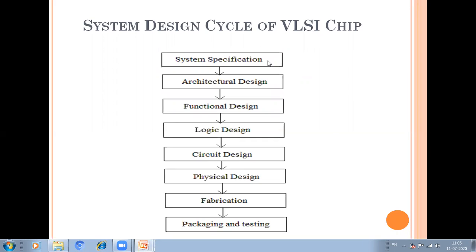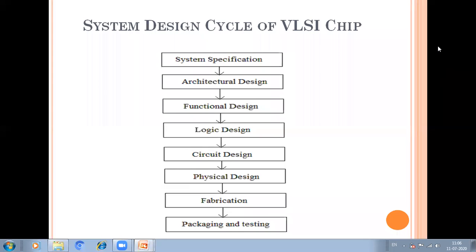The next step, the second step, is the architectural design. In the architectural design, the basic architecture of the system is designed. The architectural design of the VLSI circuit begins with the development of the idea of a main module, followed by the definition of the module in terms of input, output, and a description of the specific function.